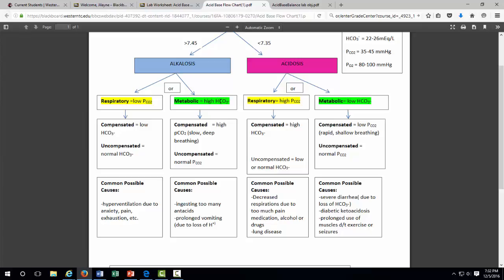High bicarbonate ion would be from kind of strange situations here, would be taking too many antacids. Sodium bicarbonate is a common compound found in antacids. So if I took too many of those, I might end up having a metabolic alkalosis.